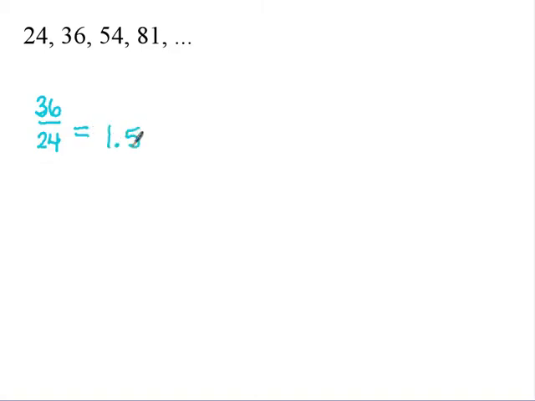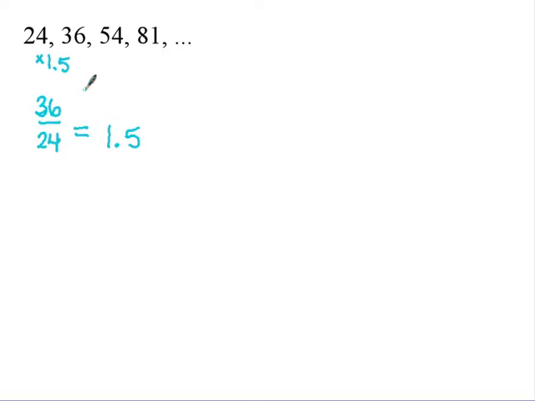Obviously we know that 24 times 1.5 is 36. I want you to take 36 times 1.5. What do you get? 54. Now take 54 times 1.5 and see what you get. 81. So really, what type of sequence is it?